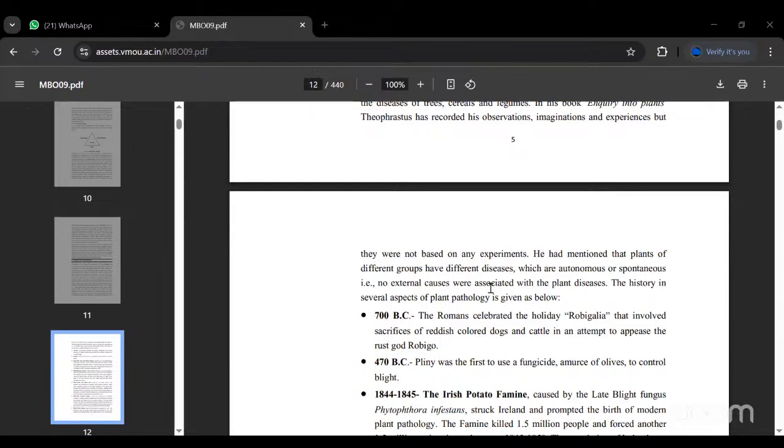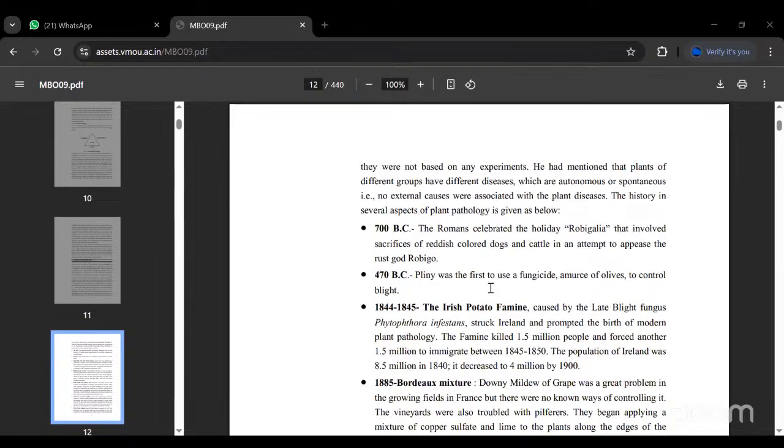It means no external causes were associated with the plant diseases. The history of several aspects of plant pathology is given.